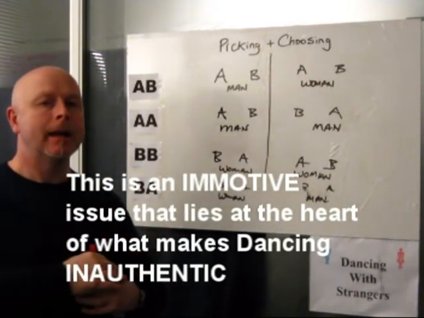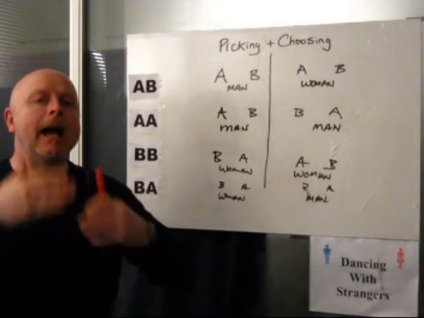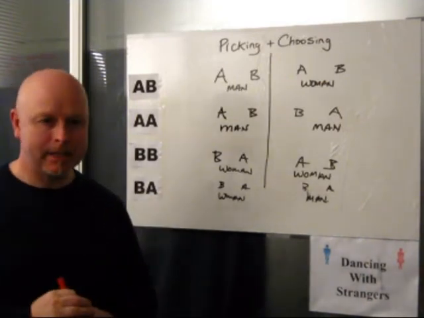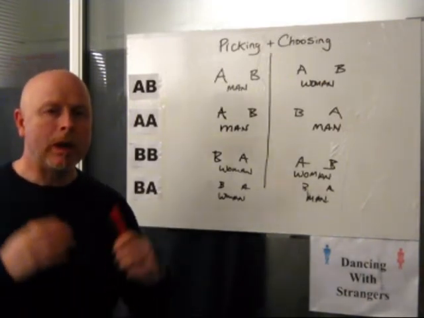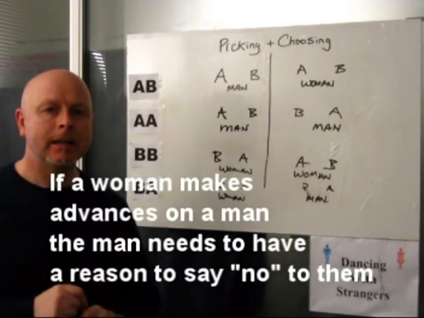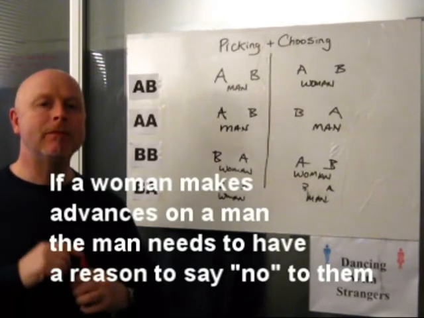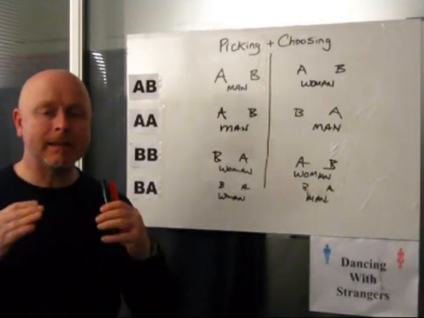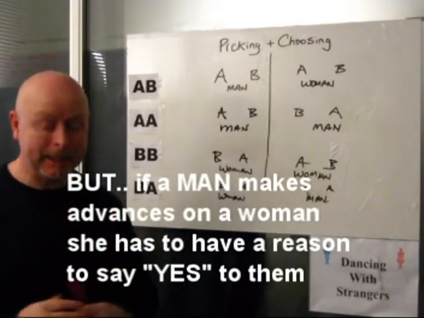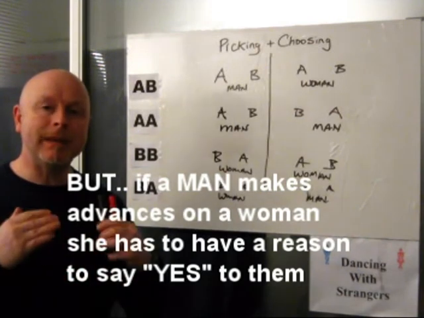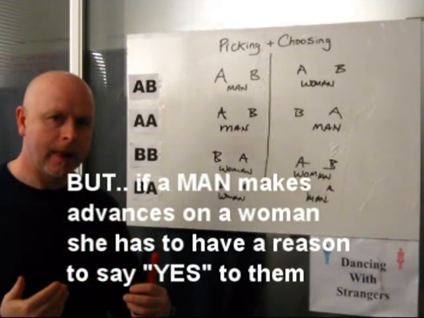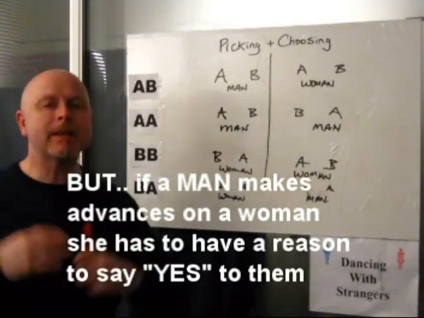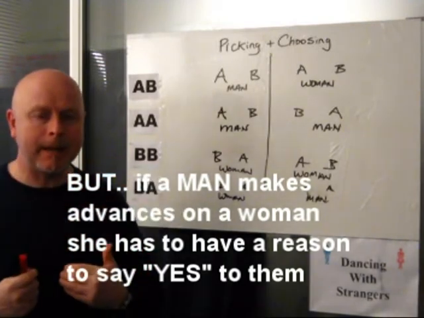Men, essentially, this is how I would encapsulate this. When a woman makes advances on a man, he has to have a reason to say no to them. When a man makes advances on a woman, the woman has to have a reason to say yes. That's because men and women live inside sex differently.